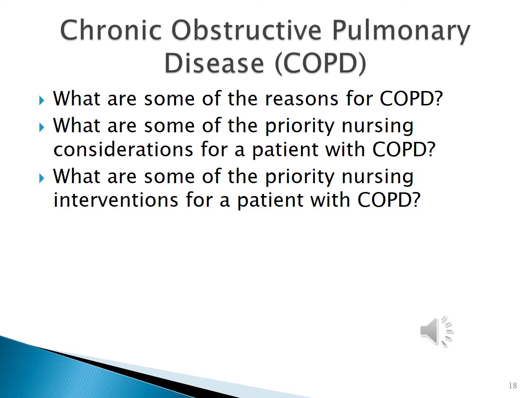So these patients need their nutrition addressed to help with healing, activity levels, and muscle. They need their muscles to breathe, all the accessory muscles they're using. They need energy so that they're able to get through their day. So nutrition is a really big part of interventions for these patients.